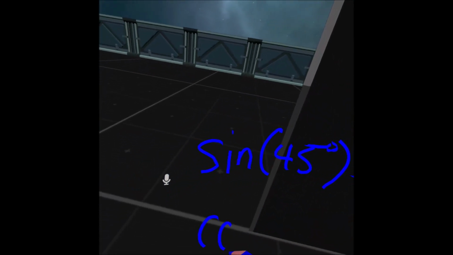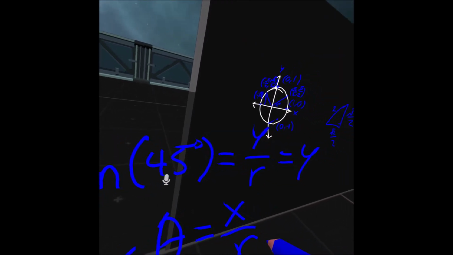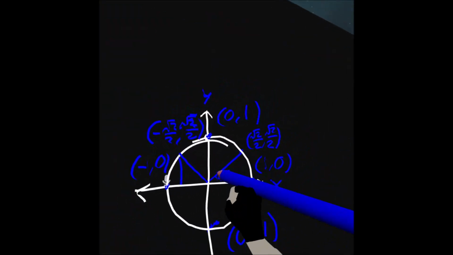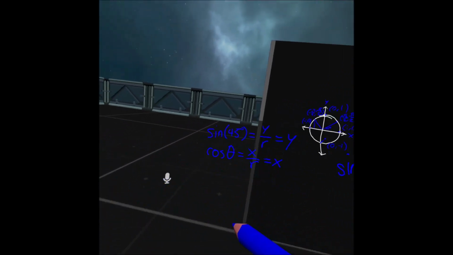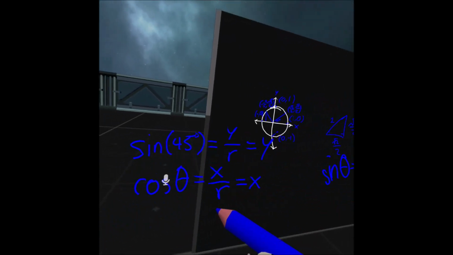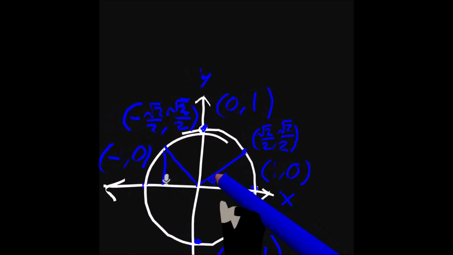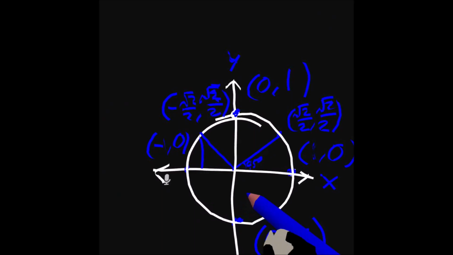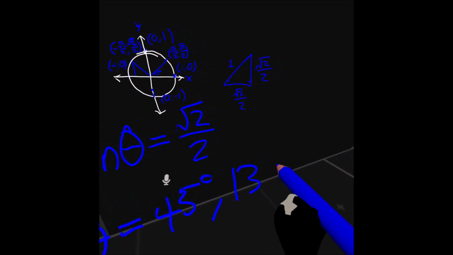And if it was for cosine theta, we know that this is x over r. And if we set r equal to 1, then this is just x. Because again, the radius is 1. So that's why we mainly just focus on x or y when we look at cosine or sine. So for sine 45 degrees, we're only going to look at the y value of square root of 2 over 2. In this case, this angle has square root of 2 over 2, and this angle has square root of 2 over 2 for sine. And so we have 45 and 135 degrees as our answer.